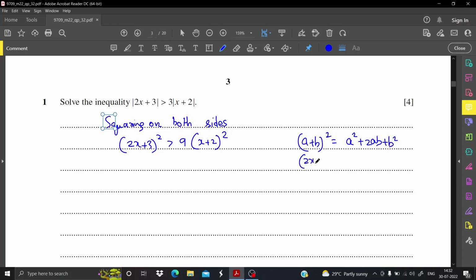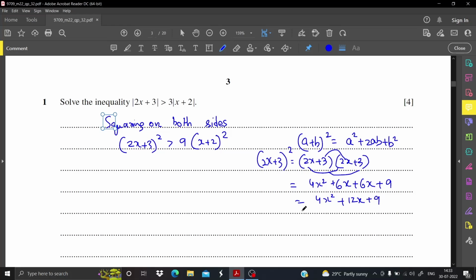For example, 2x plus 3 whole square is 2x plus 3 times of 2x plus 3. So when you multiply, 2x times 2x is 4x square, 2x times 3 is 6x, then you have 6x, then 3 times 3 is 9. So you get 4x square plus 12x plus 9.